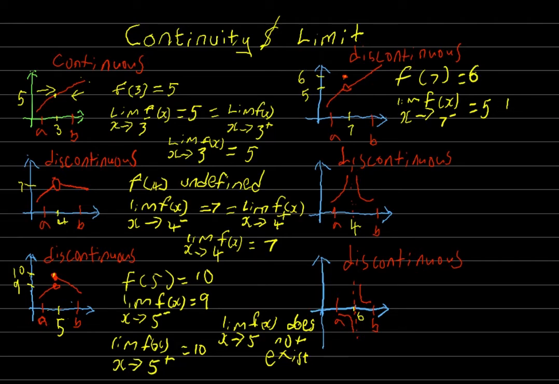And if we look at the limit of f of x as x approaches 7 from the right hand side, you can see there it is also 5. So therefore, we can conclude that the limit of f of x as x tends to 7 is 5.